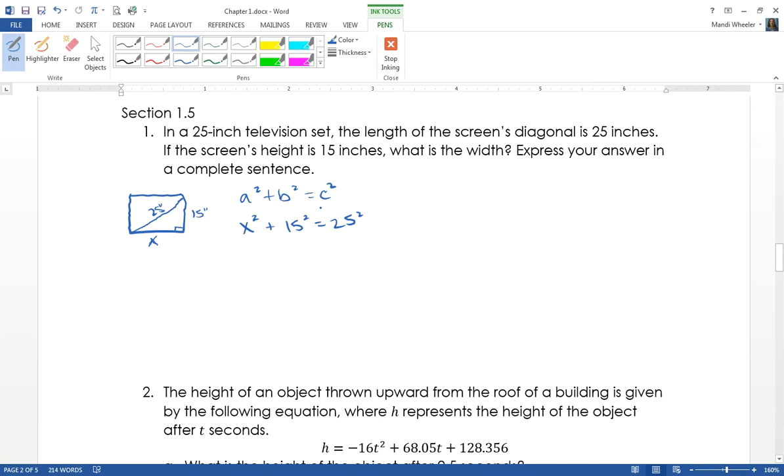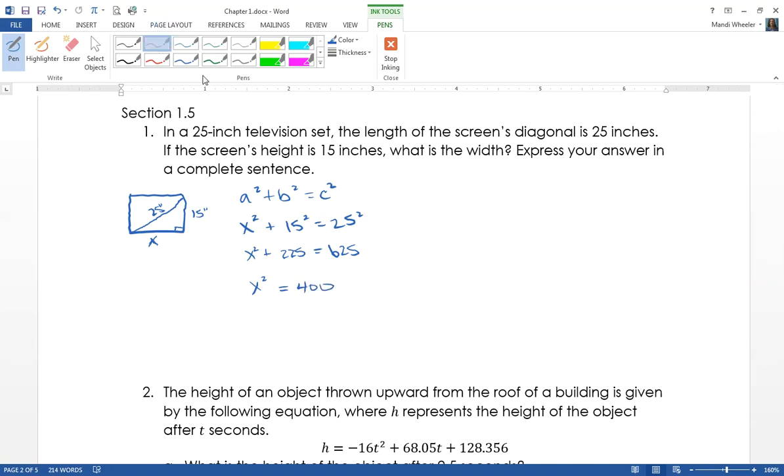Let's square those out. 15 squared is 225, so we have x squared plus 225 equals 625. Then 625 minus 225 gives us 400, getting x squared by itself by subtracting 225.